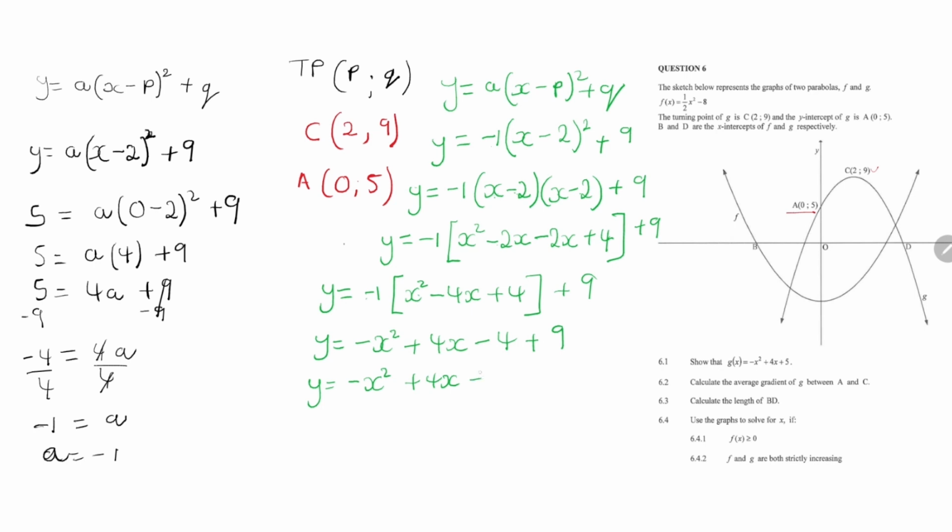That's a positive 5. So this is how it will look like finally. But because it's g, we can describe it as g of x equal to minus x squared plus 4x plus 5, which is the same as this. So that is just how you show that g of x is equal to minus x squared plus 4x plus 5.